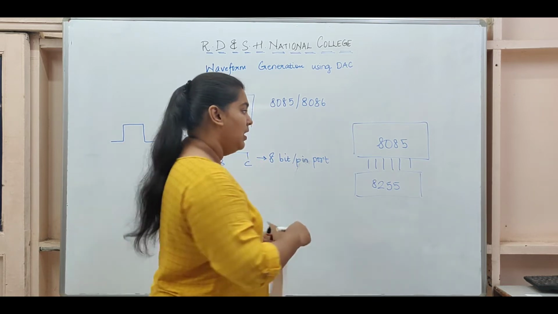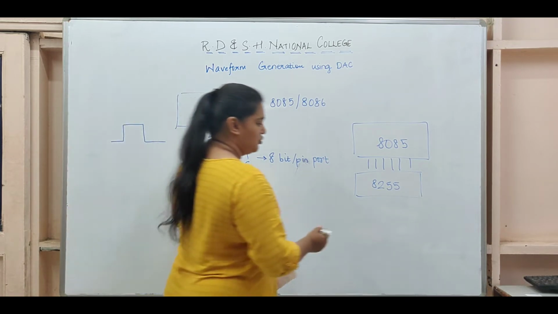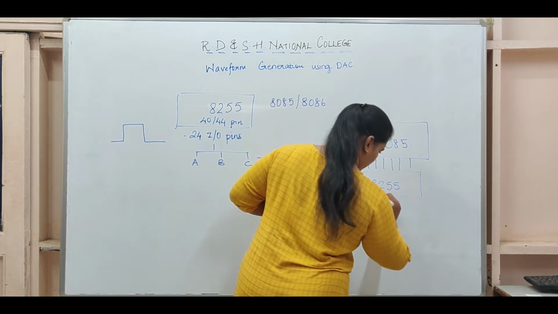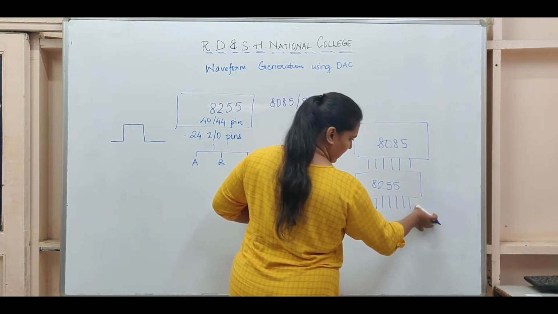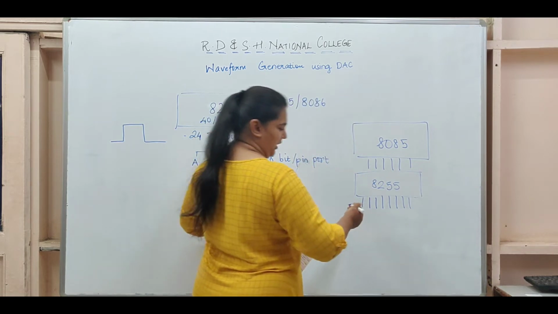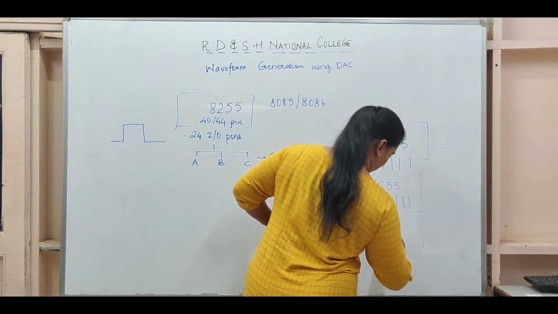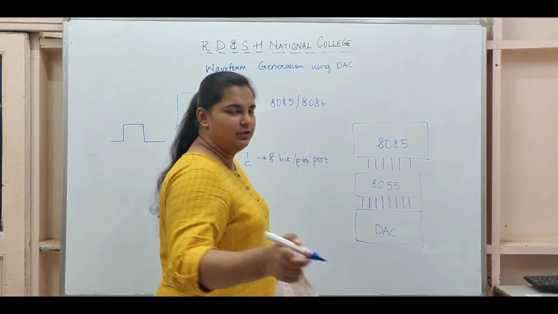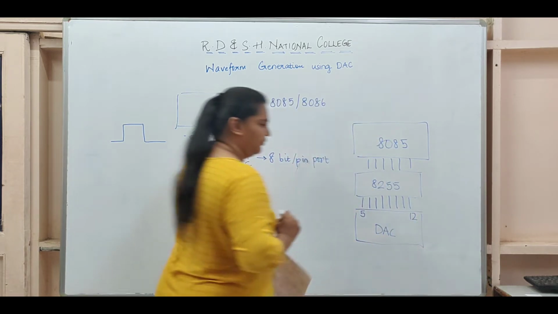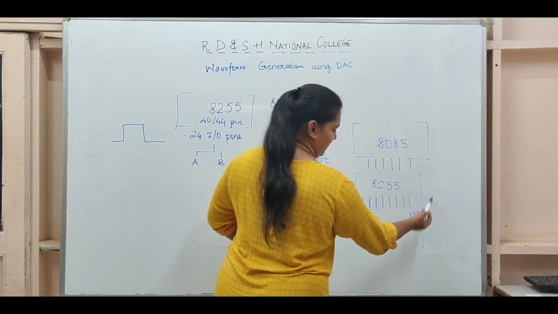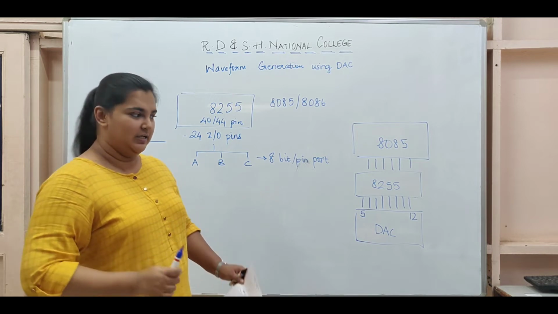Since I need 8 pins, 8 pins of any port A, B or C will be connected to the inputs of the DAC. If you remember my video on DAC, these input pins are pin numbers 5 to 12, that is 5, 6, 7, 8, 9, 10, 11, 12, with 5 being the MSB and 12 being the LSB.